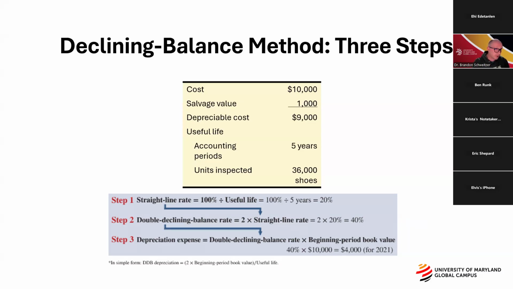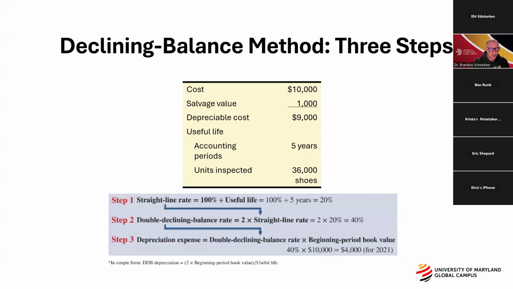So very, very straightforward. To find the straight line rate, we take 100% and divide that by the asset's useful life. In this example, useful life is 5 years, so we take 100% divided by 5 years. That gives us 20%.